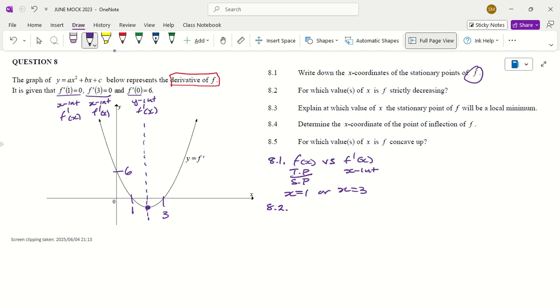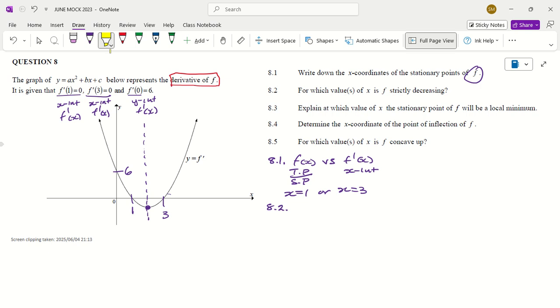But now, the function of the derivative can be positive or negative.